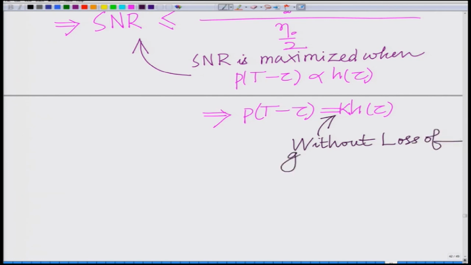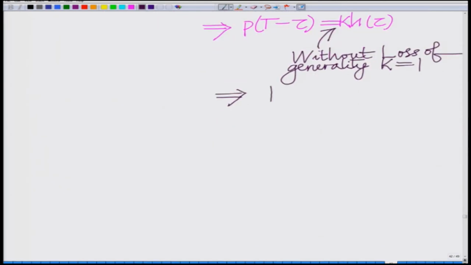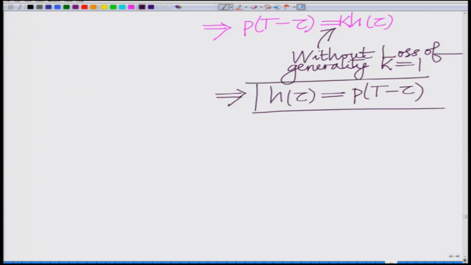Without loss of generality, set k equal to 1, which implies we have to have h tau equals p t minus tau. So, for maximum SNR this is the property you have to satisfy.